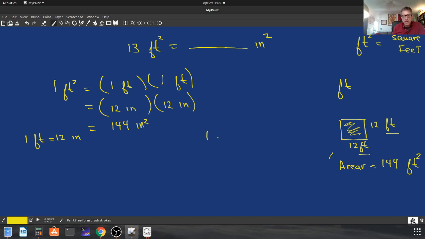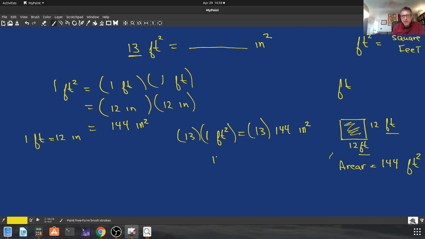So that's going to be my start. I have 1 square foot is equal to 144 square inches. This wants to know how many square inches 13 square feet is. So I just multiply both sides by 13, and the equality is preserved.